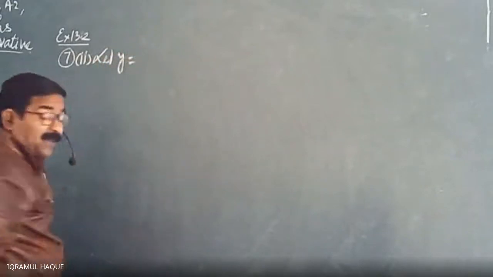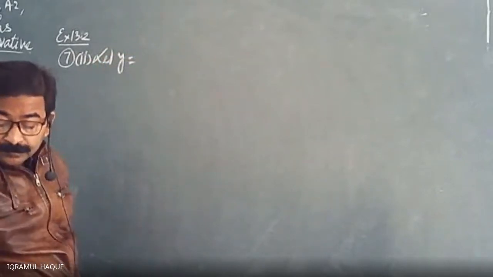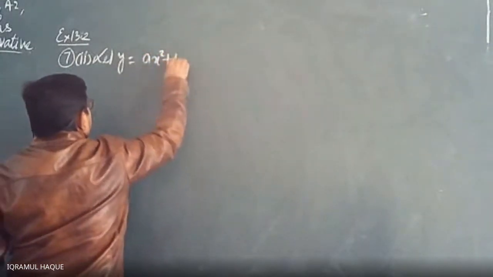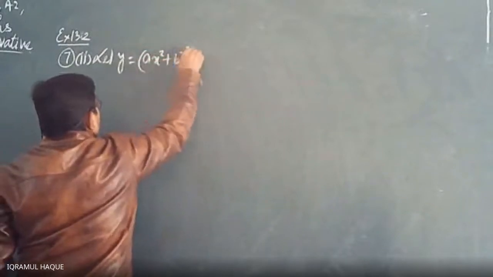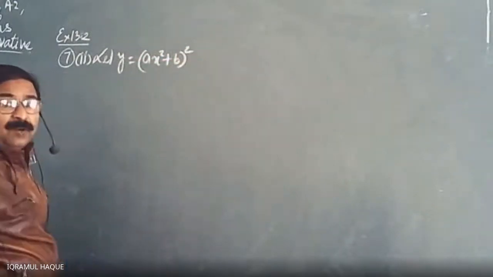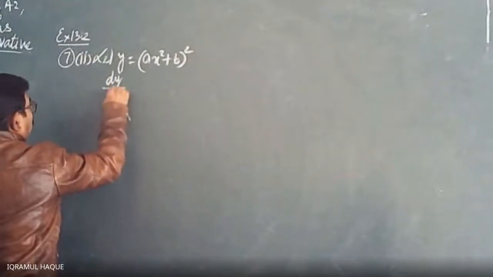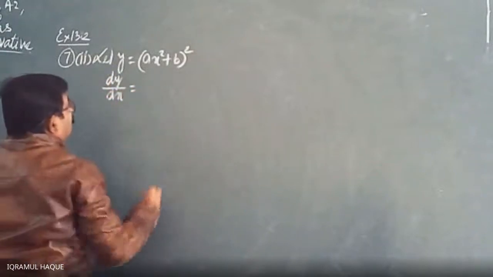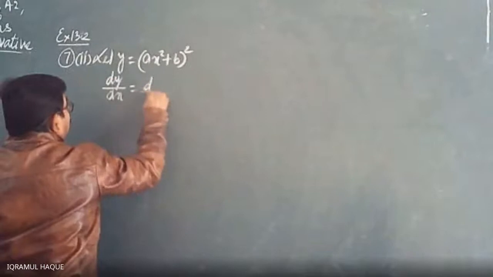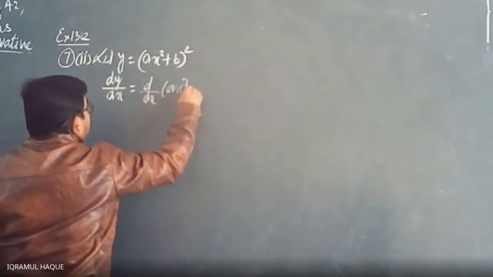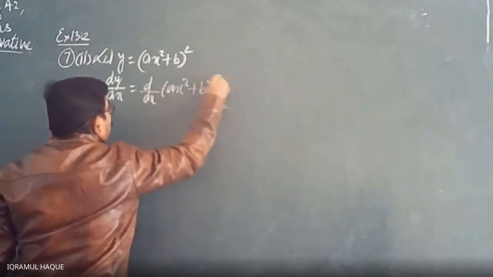Let y is equal to (ax square plus b) whole square. Derivative of this: dy upon dx is equal to d of dx of (ax square plus b) whole square.